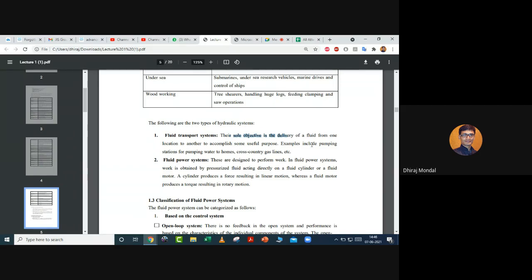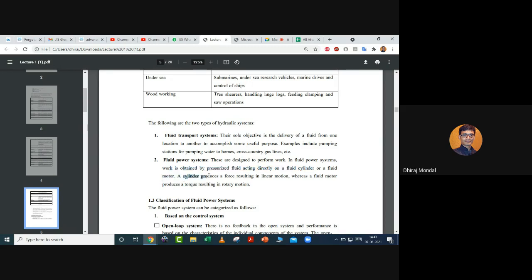Now the fluid power system. In a fluid power system, what happens? Actually, I am not transporting the fluid. By the help of the pressure of the fluid, I am just doing some work. These are designed to perform work in a fluid system. Work is obtained by pressurized fluid acting directly on a fluid cylinder or a fluid motor.